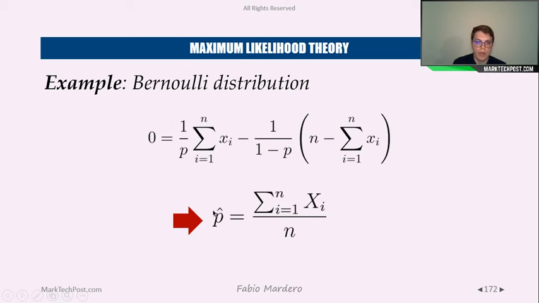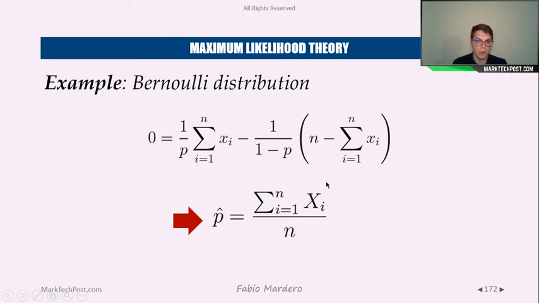Here I have written the estimator as a function of the random variables. You can see the capital X. If I would make the estimate explicit, I would have written p hat as a function of x1 to xn, and then here I would have written xy's, not capital.